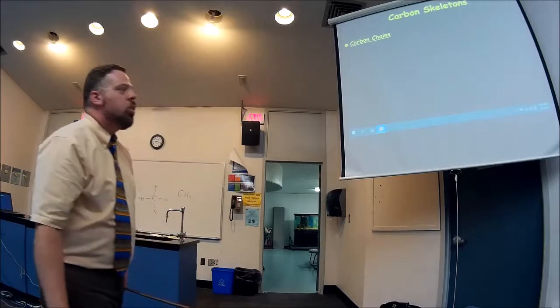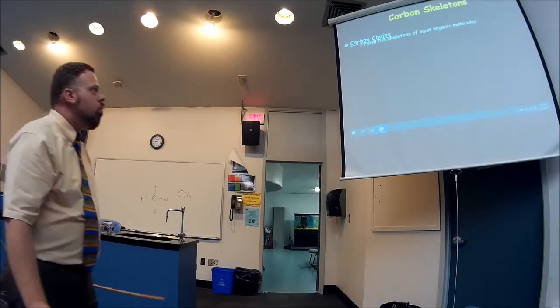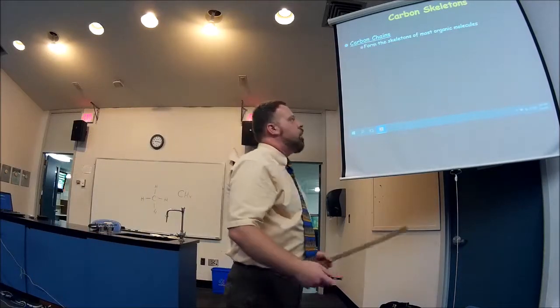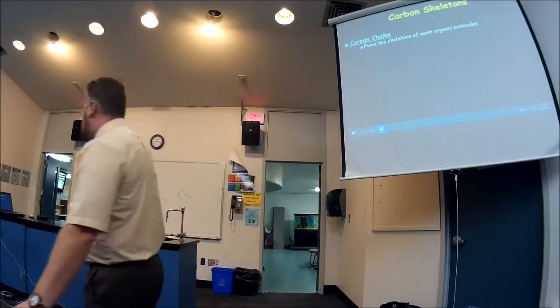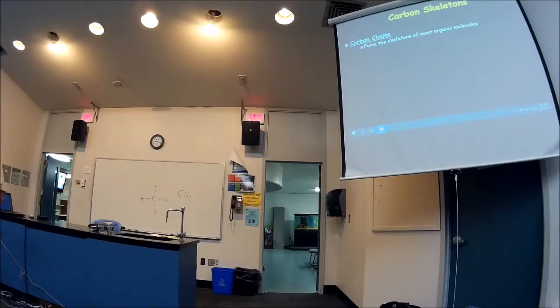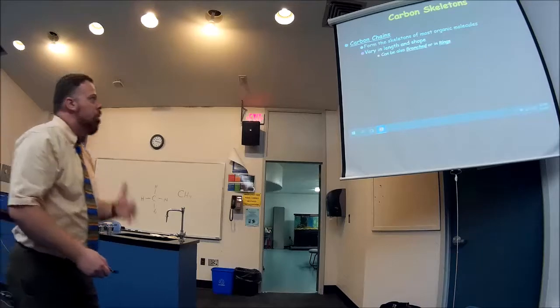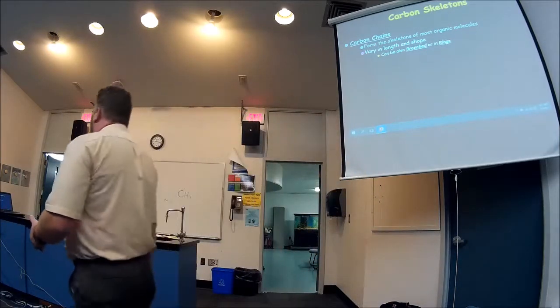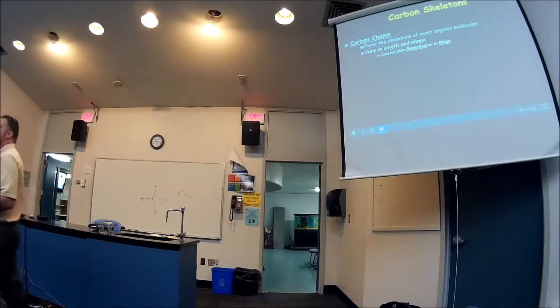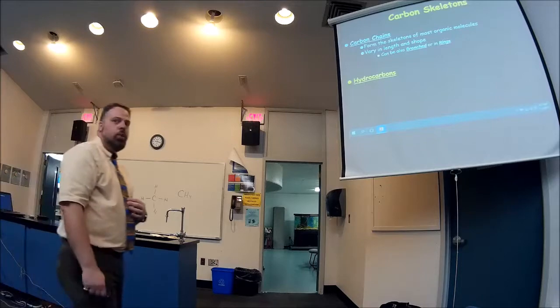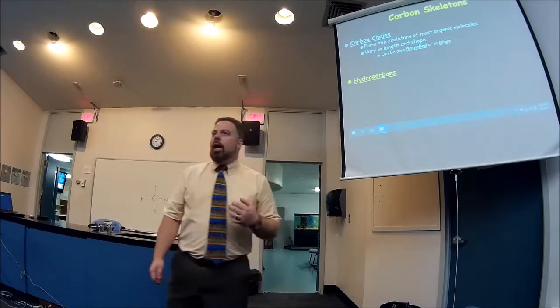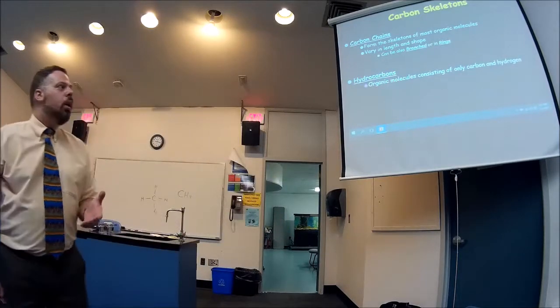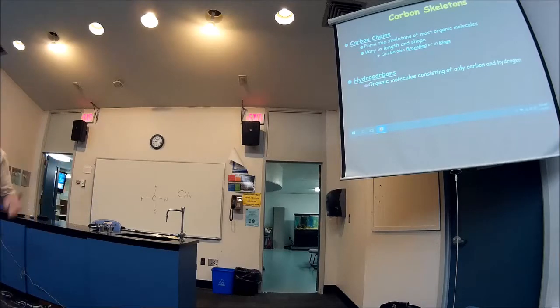So we have carbon skeletons, carbon chains that form these structures, okay? They could vary in length. They could be branched. They could be in rings, as I mentioned. And I'm going to show you examples of this. We have hydrocarbons. And hydrocarbons is basically a carbon that's going to be bound to a hydrogen, as you just saw in the previous slides.